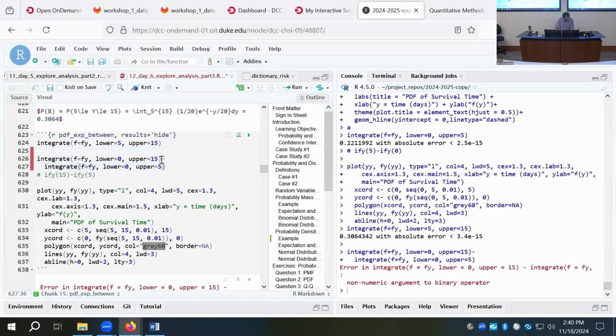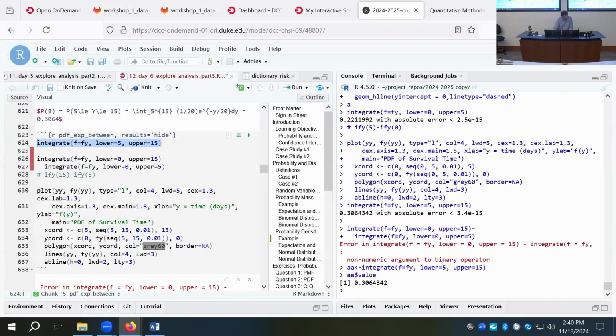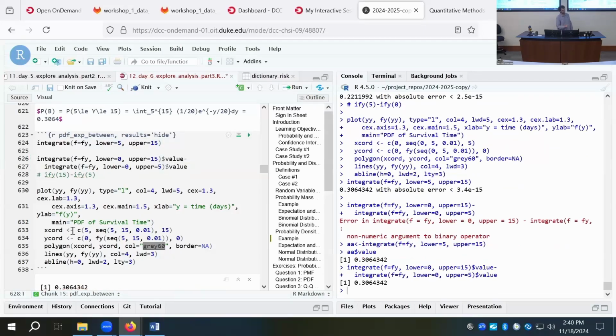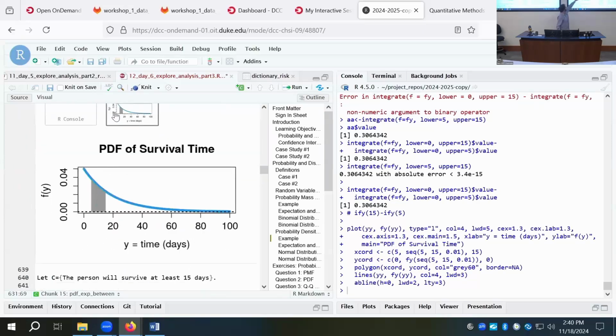Oops. Oh yeah, sorry, let me see. Value, okay. Sorry, you always have to check. Sometimes they don't return just a single value. So basically, if you integrate from 0 to 15 and subtract out the part from 0 to 5, you'll get this value as well. And what we're looking at is the area under the curve in that gray area.